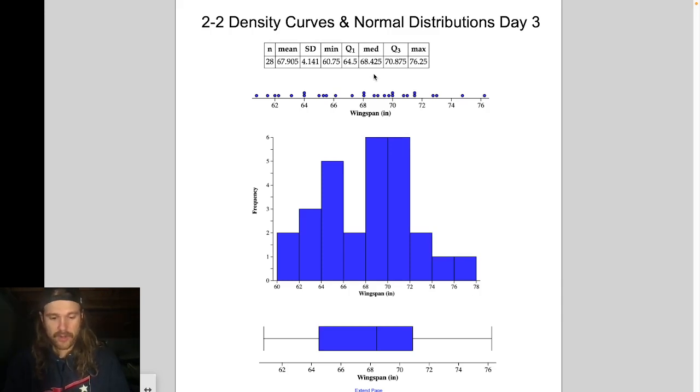So let me open up my calculator here, clear, and we're going to do the mean plus the standard deviation, 67.905 plus the standard deviation, which is 4.141.